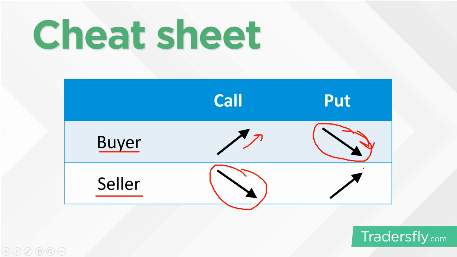So you want to be a little bit more careful. But in general, if you're selling a call, you want stock prices to go down. And if you're a seller of a put, you want prices to go to the upside. We'll cover more of this in detail as we get into future option trading videos.